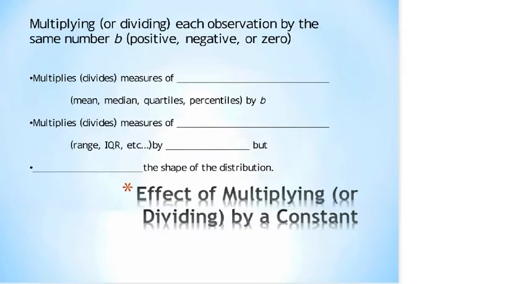All right, well, we multiplied by a number basically when we did that last bit of data. So what does that do? If we multiply or divide, what does it do to each observation?